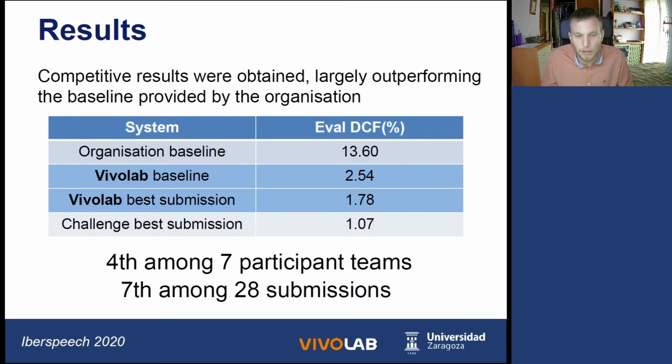Our best submission, which is based on the use of the fusion architecture, achieved an eval DCF of 1.78. This number ranked 7th among the 28 submissions to the SAD task in the challenge, resulting in our team ranking 4th among the 7 participant teams in the challenge.